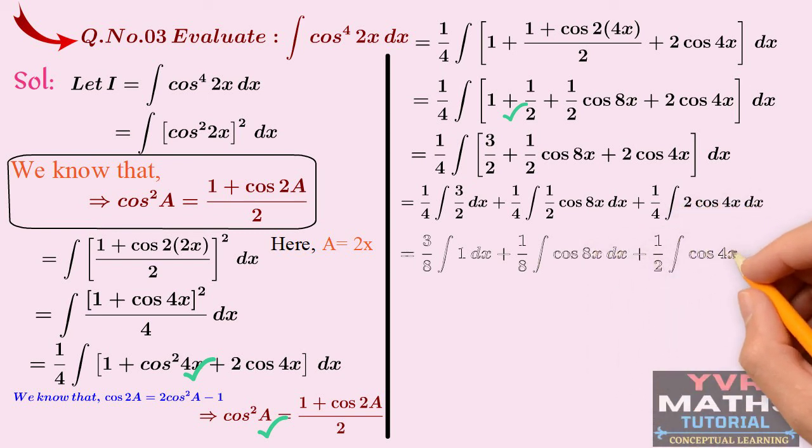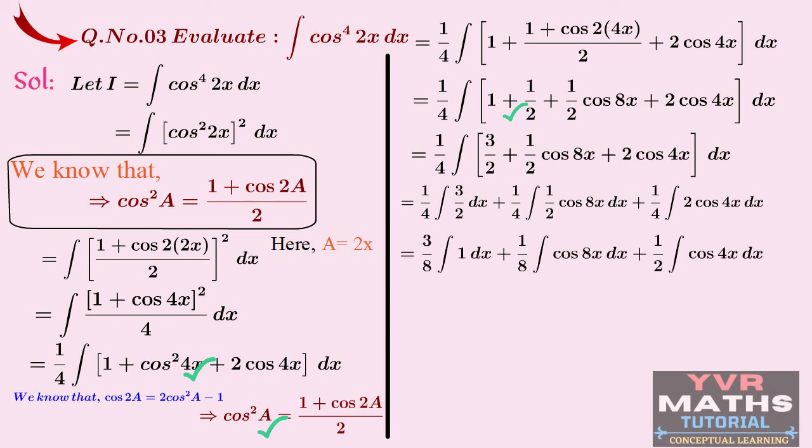If we observe here, the first part integration is very clear: integral 1 dx is x. If you observe the second part and the third part, clearly it is in the form of integral cos of ax plus b dx. We know the formula for integral cos of ax plus b dx.